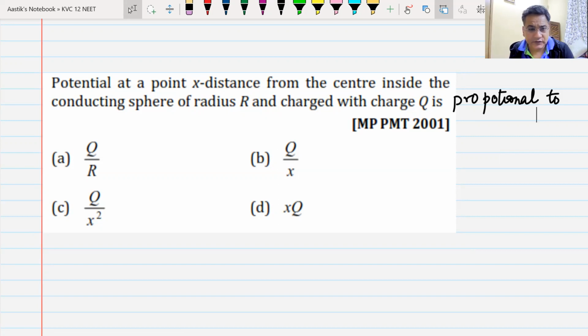Can I have the answer for this one? What will be the potential of a point inside the shell at a distance x from the center of the shell or sphere?